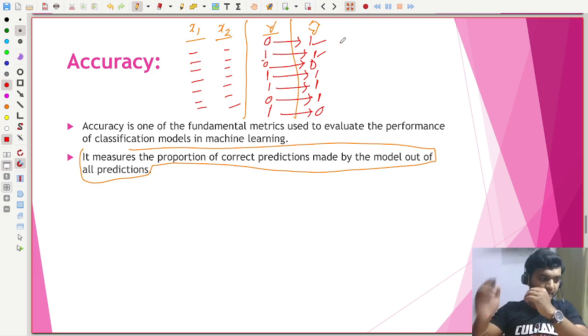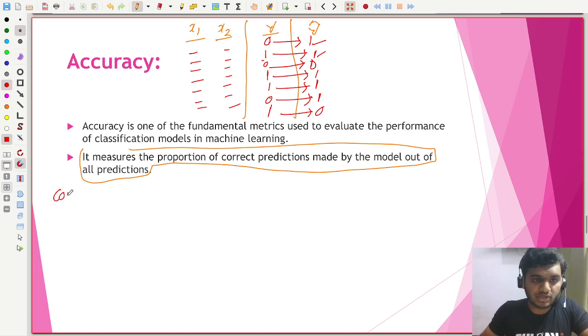Here there is an important concept, the confusion matrix.